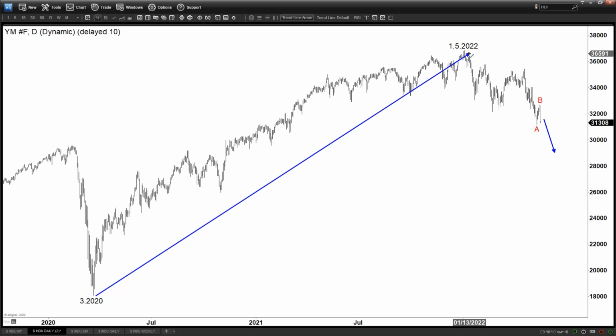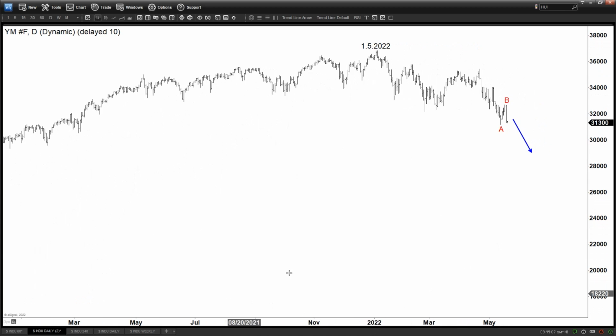After we bottomed during the COVID-19 crash, we have already rallied tremendously, and now we are in the process of rolling over. The minimum assumption now is to correct this cycle.